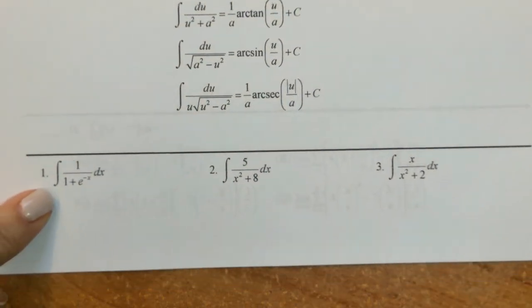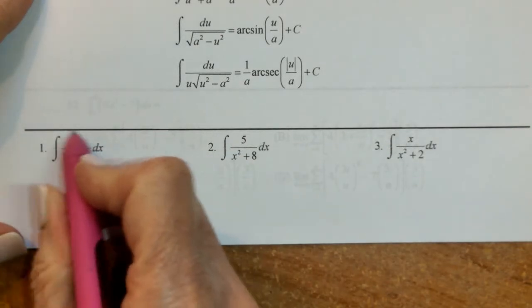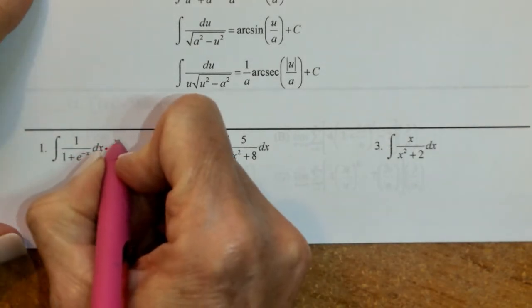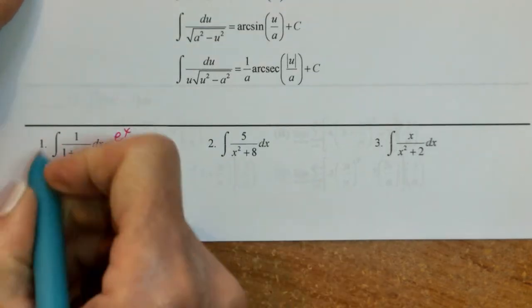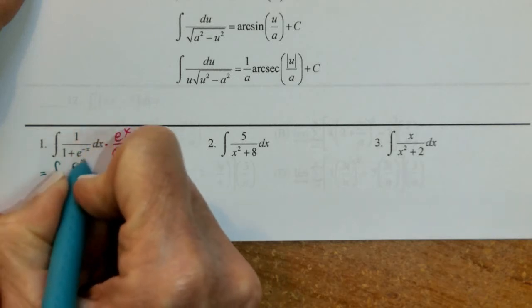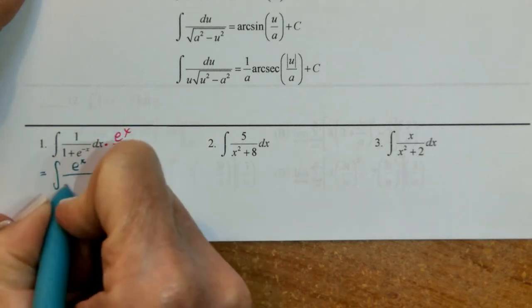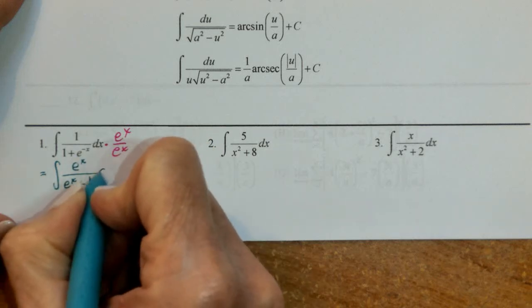Number 1, when we have a problem like this, I need an e up on top, so I'm going to multiply top and bottom by e to the x. We've had several of these. Hopefully these are not a problem for you anymore. On top we'll have e to the x. On the bottom we'll have e to the x plus e to the x times e to the negative x, which is 1.